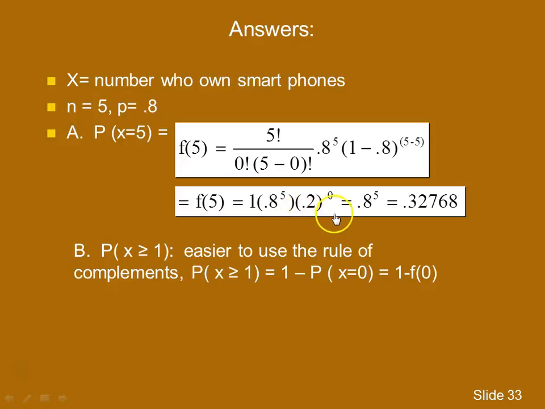So if you work this out, 1 times 0.8 to the 5th times 0.2 to the 0, that drops out. You're left with 0.8 to the 5th, which is 0.32768. Almost a 33% chance that all 5 students will own smartphones in this case.